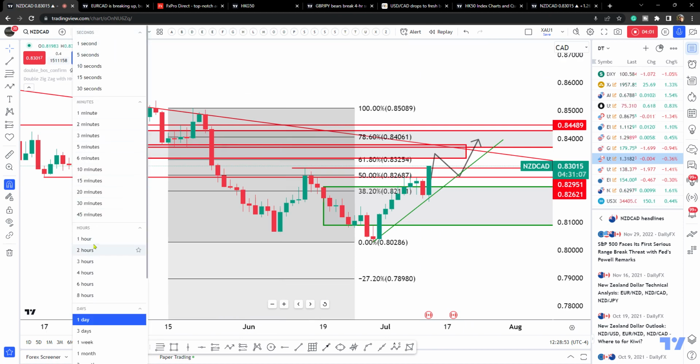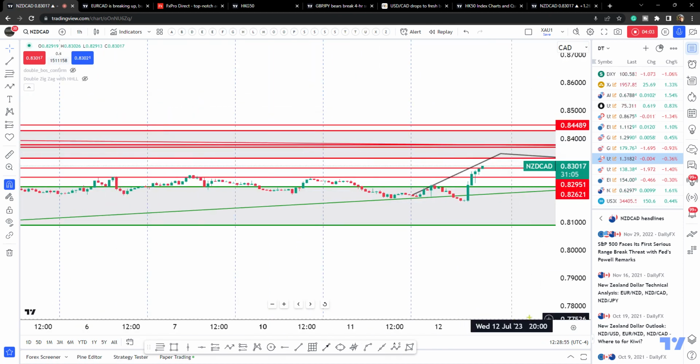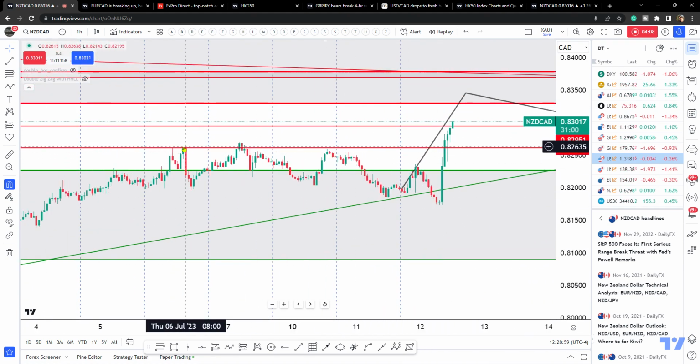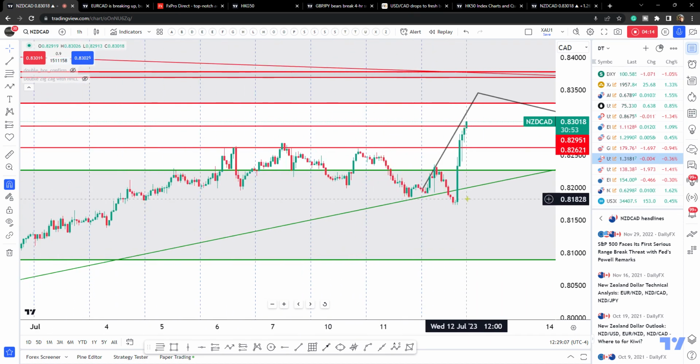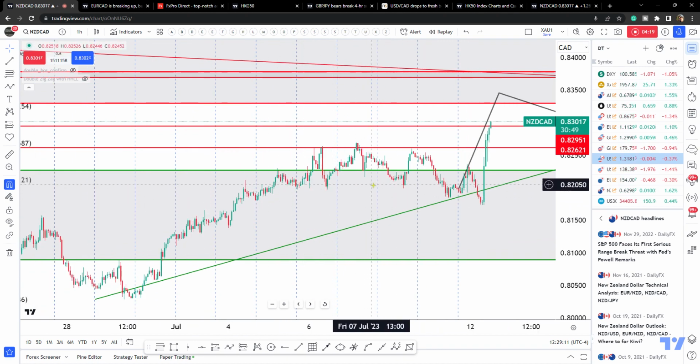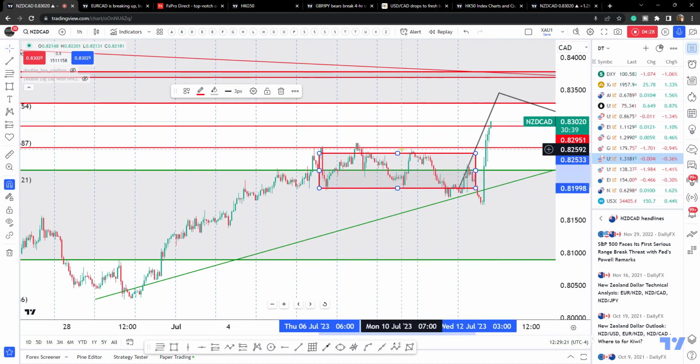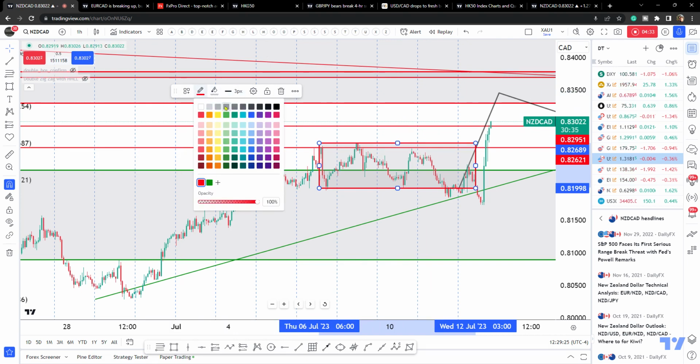If we move right down into what we're seeing at the moment on the hourly chart, strong move, breaking equal highs. Now, we did actually break this structure here. So if we box this out, an area of consolidation, if you like, sideways price action, market grey for being neutral.